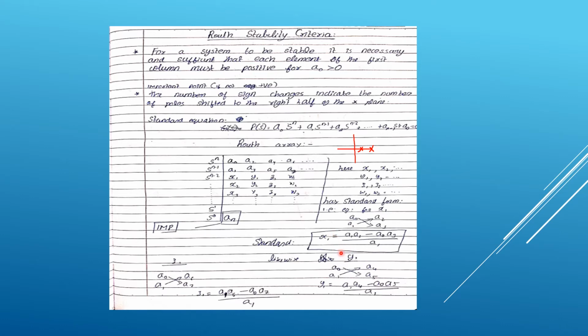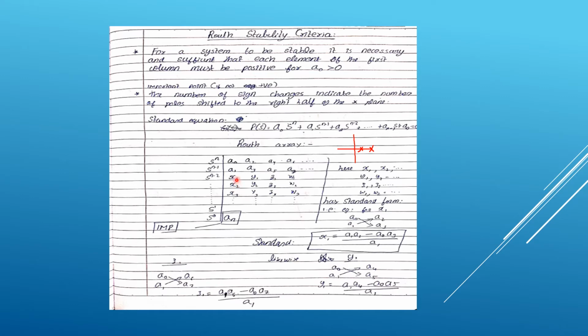Likewise, for y1 we need to take a0, a1 and a4, a5. Therefore, a0 into a5 minus a4 into a1, divided by a1, is equal to y1. Likewise, for z1 we need a0, a1 and a6, a7. So a0 into a7 minus a1 into a6, divided by a1, is equal to z1.